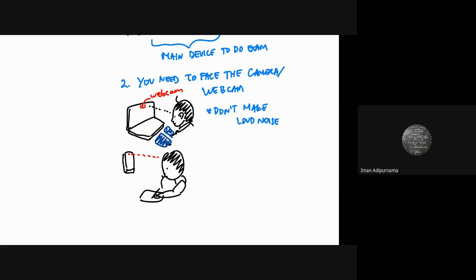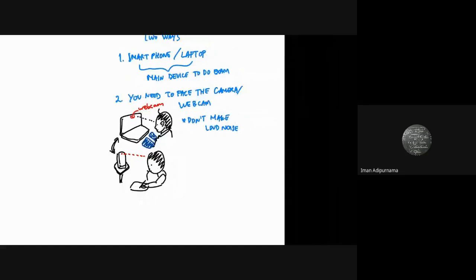It's okay if you're looking like that. But the point is you need to make your smartphone or laptop webcam be on your face. I will announce later more details about this.